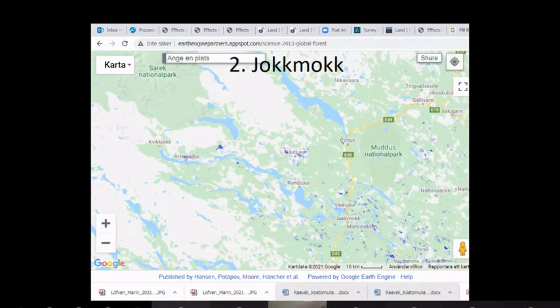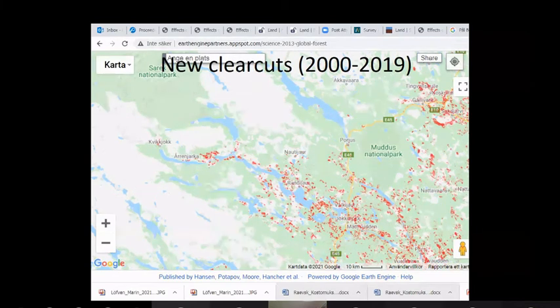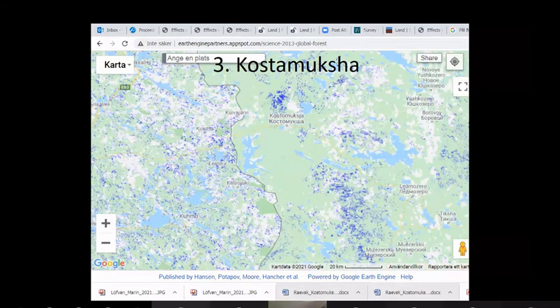So again, you see this intensification and spatial expansion, but it doesn't go so deep into the intact forest landscapes, because many of these areas are actually protected. This is a national park, Modus, and there are many other large national parks. So this is an example of where formal protection actually secures the intact forest landscapes.